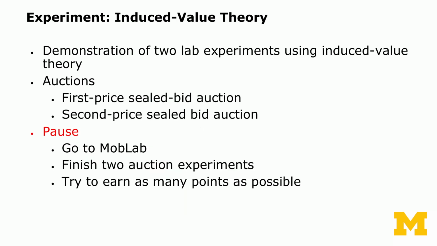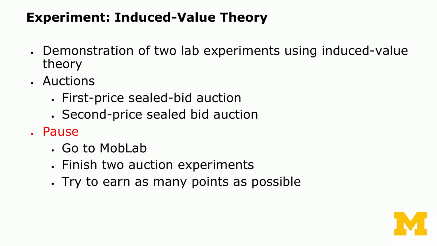So we're going to use some auction experiments. So we talked a lot about induced value theory and how you implement it in the lab. We're going to demonstrate it by a lab experiment that's set up using the induced value theory. And they're both auction experiments. They're first price sealed bid auctions and second price sealed bid auctions.